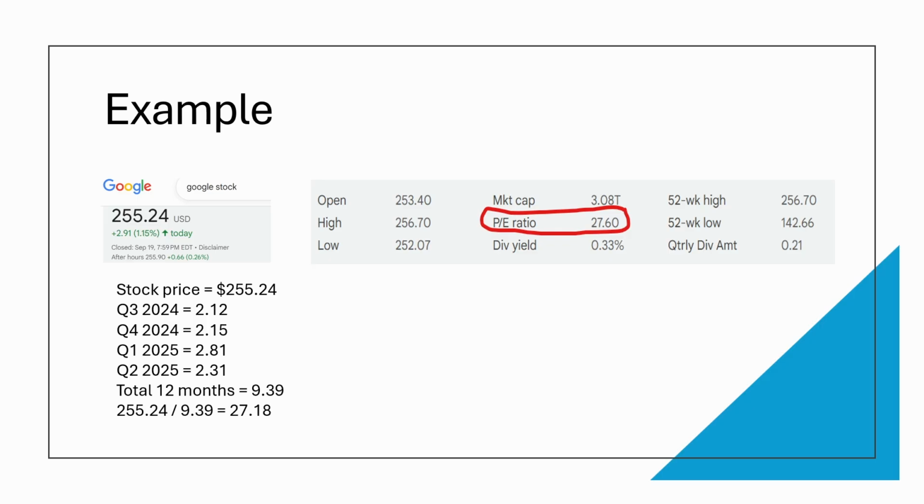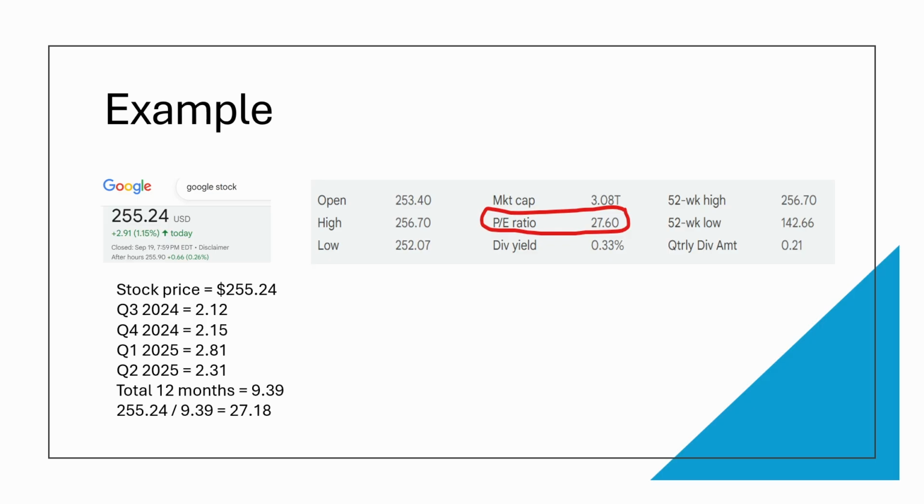If we take the non-GAAP earnings for the last 4 quarters, that is $2.12 for Q3 2024, $2.15 for Q4 2024, $2.81 for Q1 2025, $2.31 for Q2 2025, and add them together, we get a total of $9.39.